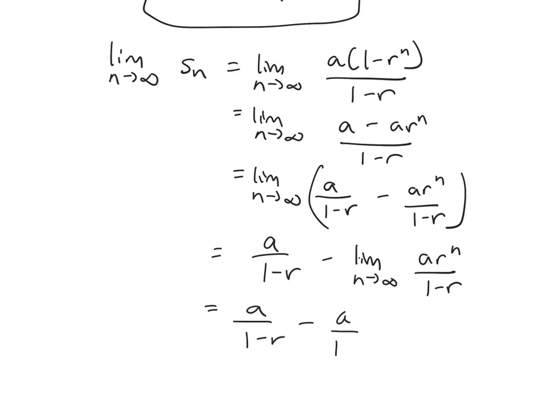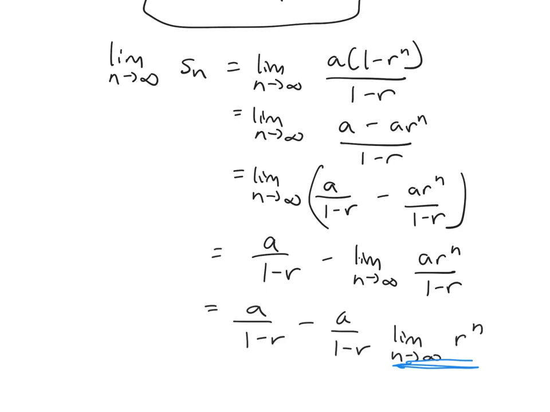So minus a over 1 minus r times the limit of r to the n. We saw this limit back at the end of talking about sequences. We spent a bunch of time talking about this limit, and this is exactly why. I need to know what this limit is.